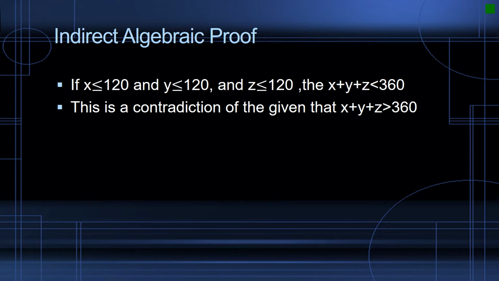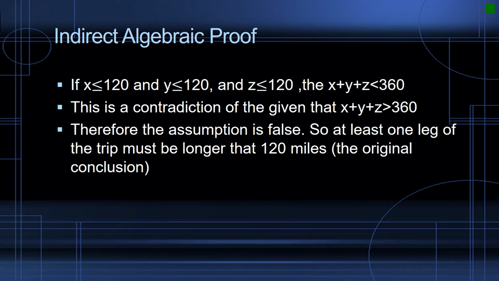So our assumption in the indirect proof is a contradiction of the given. Therefore, the assumption must be false. So at least one leg of the trip must be longer than 120 miles, which is the original conclusion. And we have used indirect algebraic proof to prove the original conclusion of the given. Fascinating.